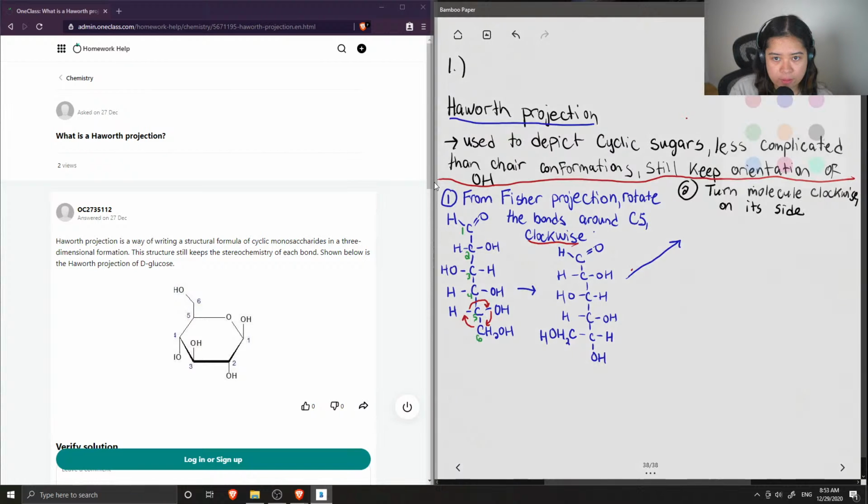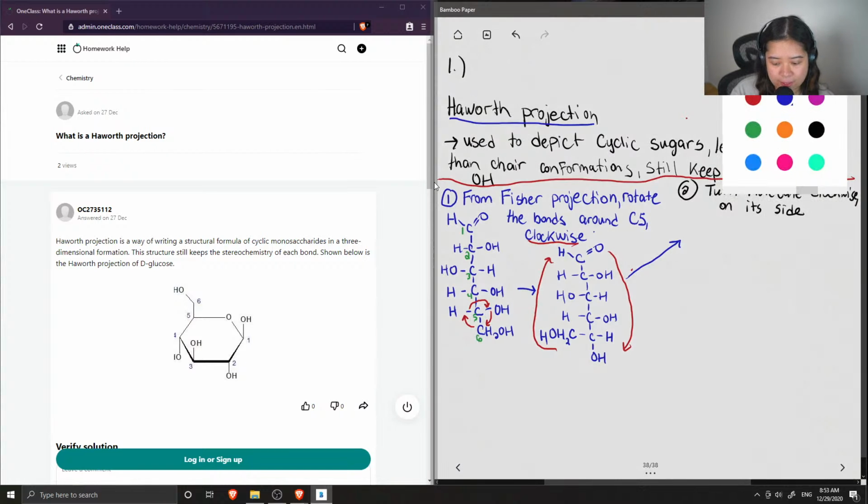So I'll draw that right below it. So if we were to rotate this whole thing, try to show like an arrow, rotating it on its side.